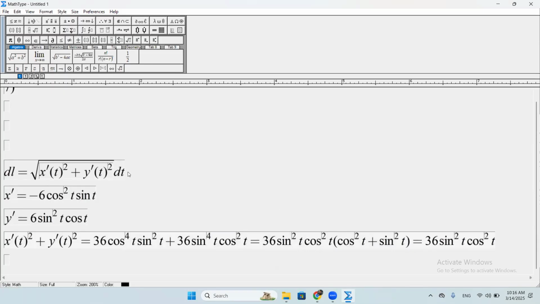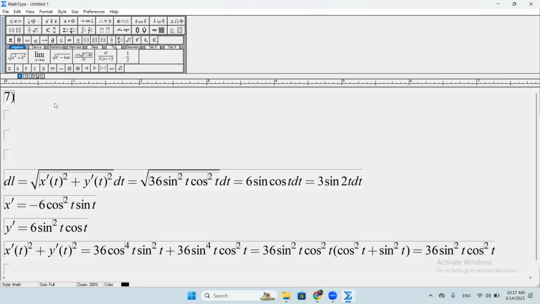Now substitute it under the square root, so dt, and we have 6 sine of t cosine of t dt. We can simplify it, so it will be 3 sine of 2t dt.